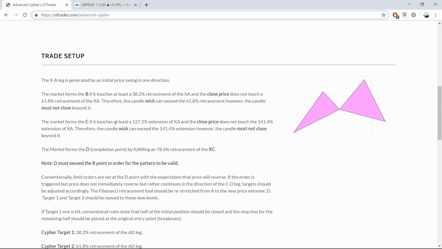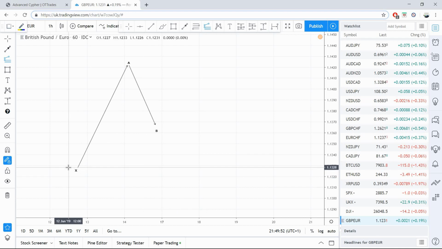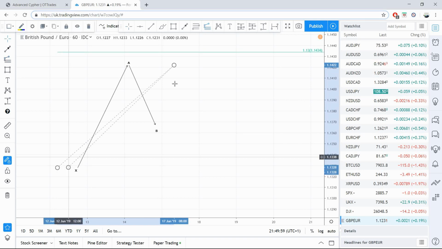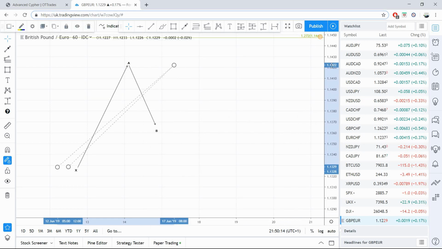The market forms the C point if it touches at least a 1272 extension of X to A. Now this is kind of rare and unique to the Cypher pattern, although shark patterns also do this as well, but the C point is actually higher than the A point in this example, and it's using an extension of that X to A leg. 1272 and 1414 were put on here.